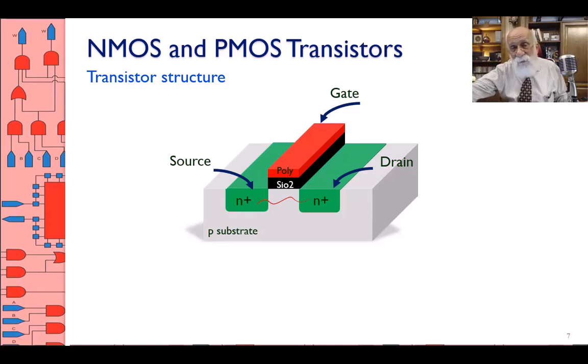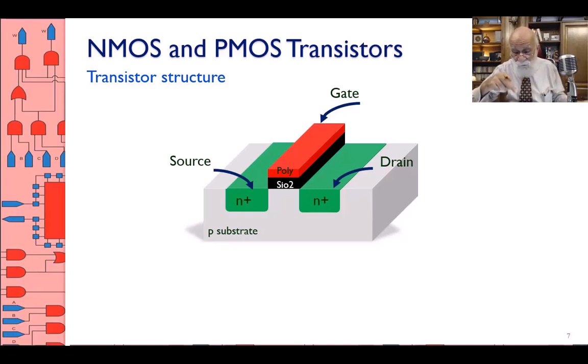diffusion areas, which are conducting. The transistor has the drain, which is a conducting material, which is diffusion, that means heavy doping of electrons. A source, which is heavy doping of electrons. So when you have the silicon with a lot of electrons in it, it means that it is conducting.